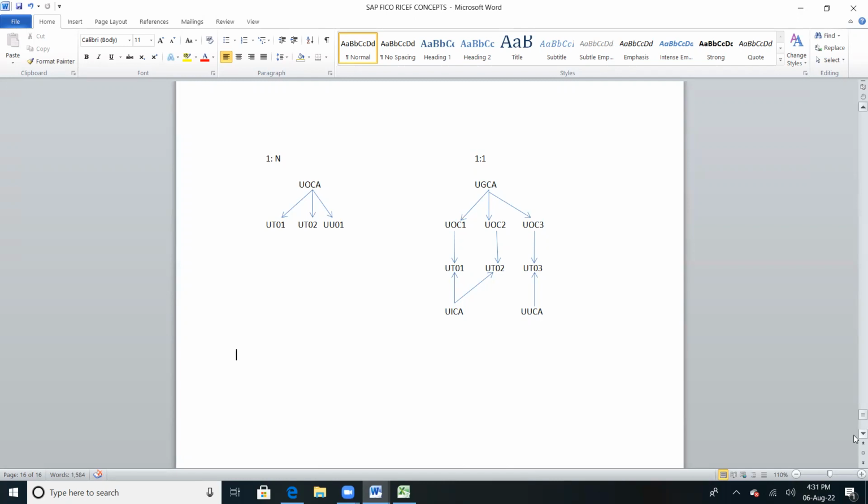Operational chart of accounts is a mandatory chart of accounts for every company code.